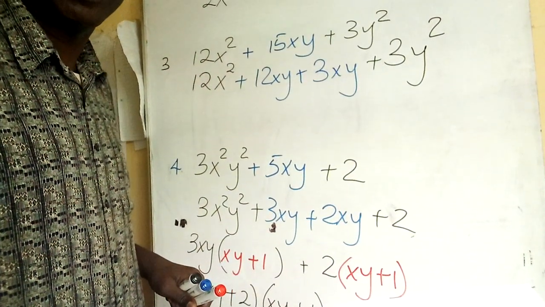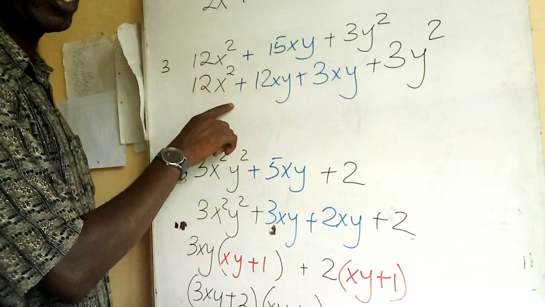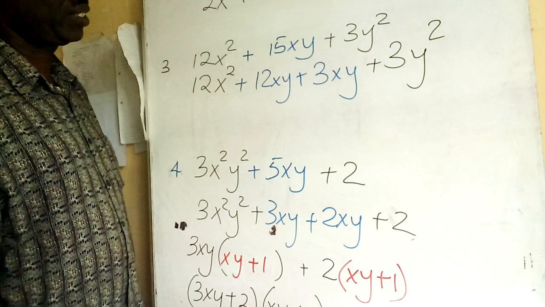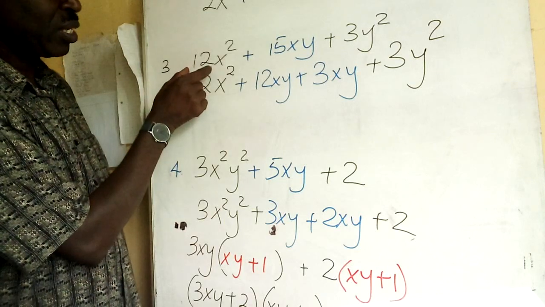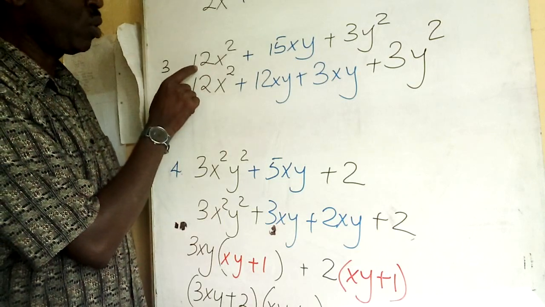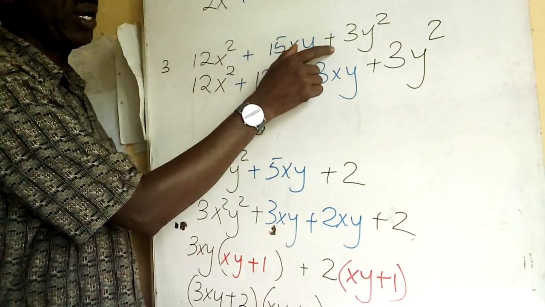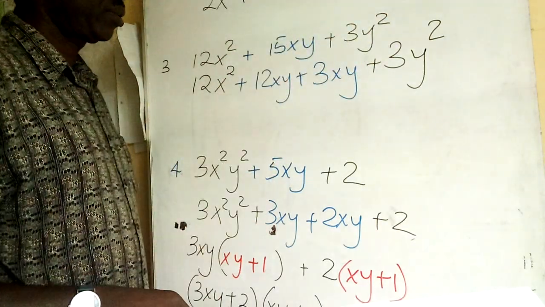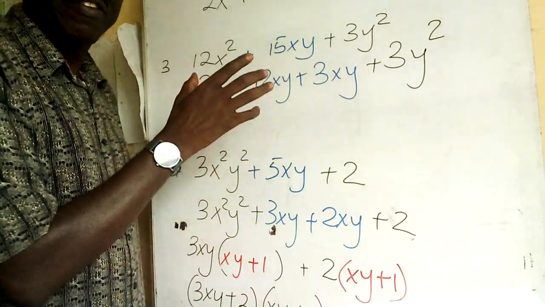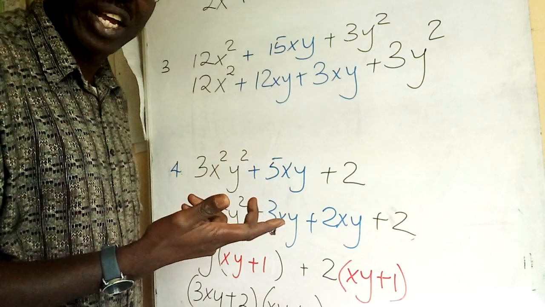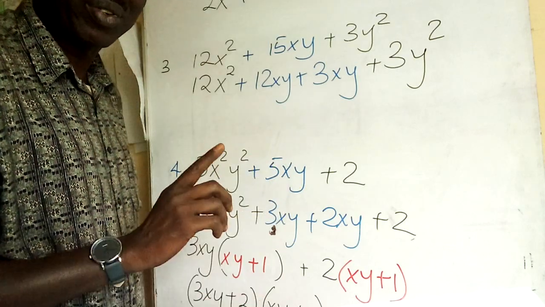Focus down here a bit. If we focus down here on question number 3, it is 12x squared plus 15xy plus 3y squared. If I rub the y's, the expression remains in terms of x. Have you realized that?